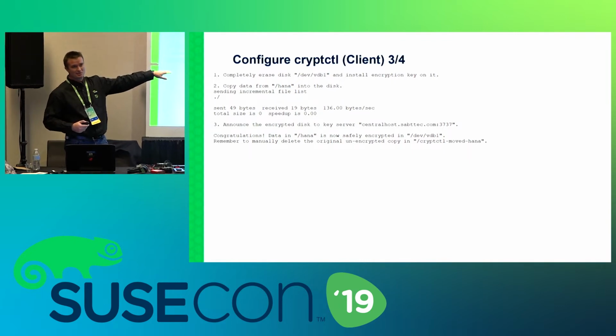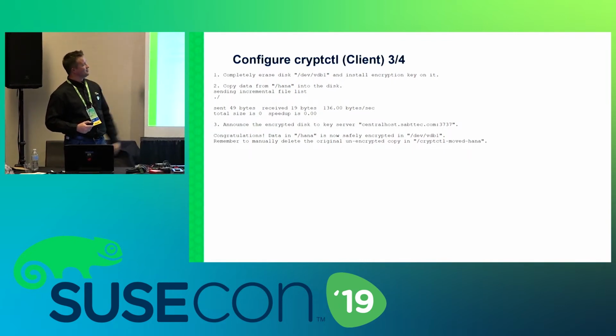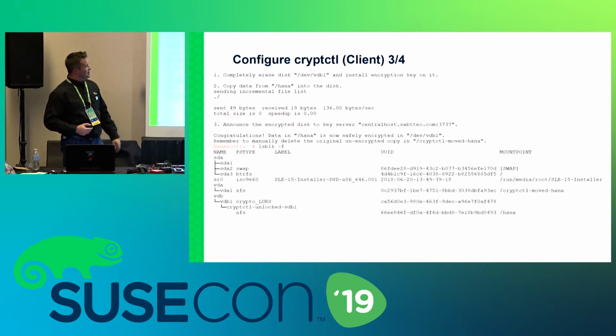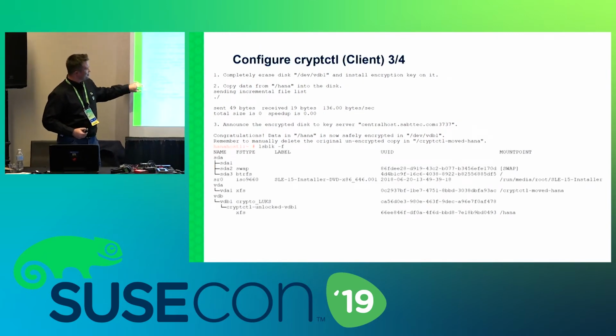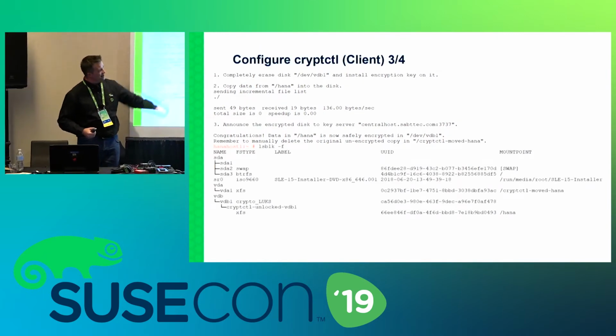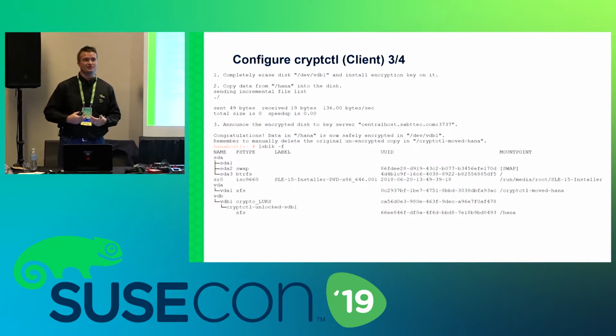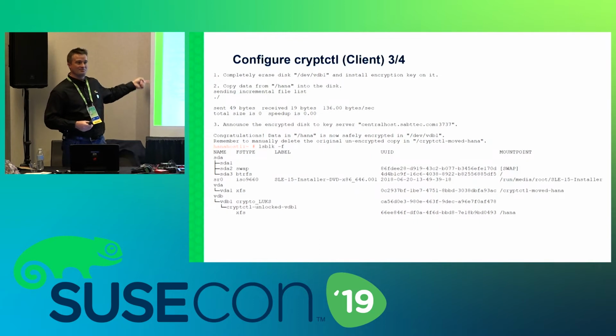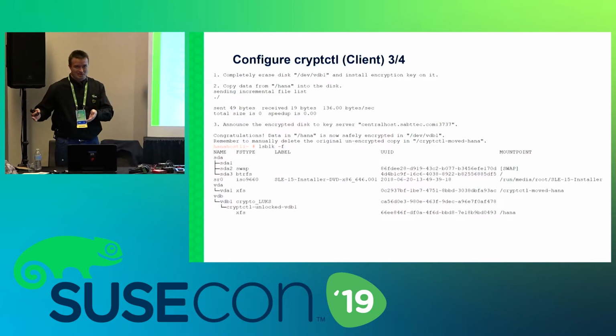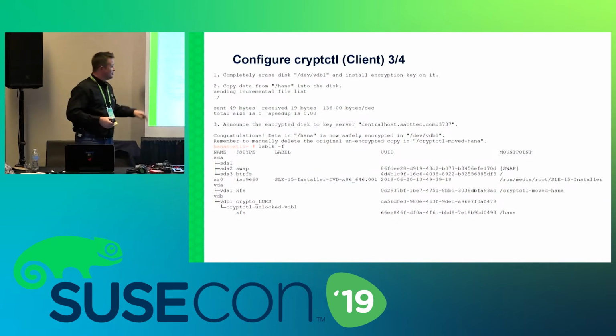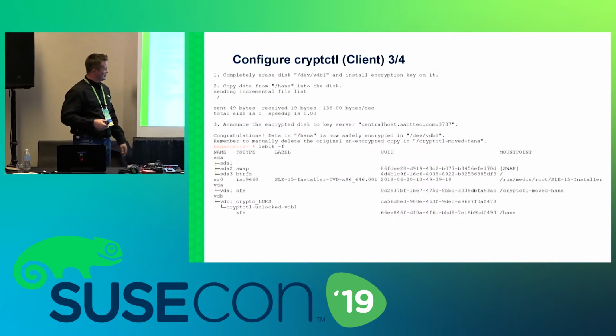It was basically just renamed, and the new data was copied to the encrypted drive. So I still need to, this original drive, vda1, I still need to unmount it, delete the data, format it, whatever I want to do with it, because it's got unencrypted data of HANA potentially on it. If I didn't install anything yet, no harm, no problem, but you need to get rid of this data.